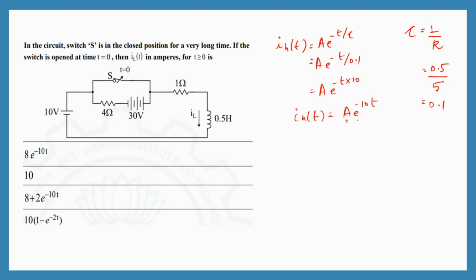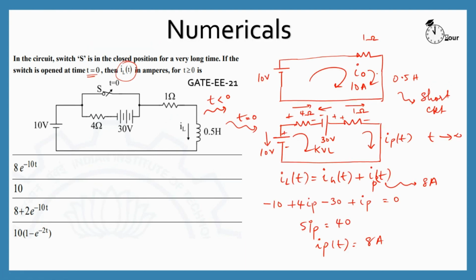Now we need to compute A. We know that at t equal to 0, the current was 10 amps, because that's what we computed. During the steady state, the inductor was acting as a short circuit and 10 amps current was flowing through it.